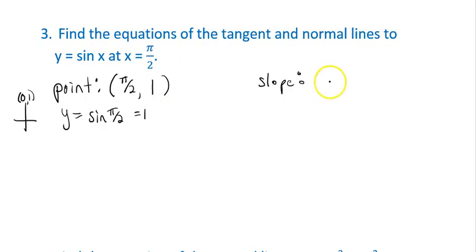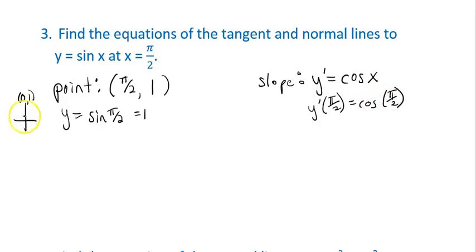And then slope, we are going to do the derivative. So the derivative would be, derivative of sine is cosine. And again, we're going to plug in our x value, which is pi over 2. And since I already have that drawn, the cosine is the x value, and in that case it's 0. So we have a slope of 0. So our tangent line, we would put the y value in, the x value in, and a slope of 0.